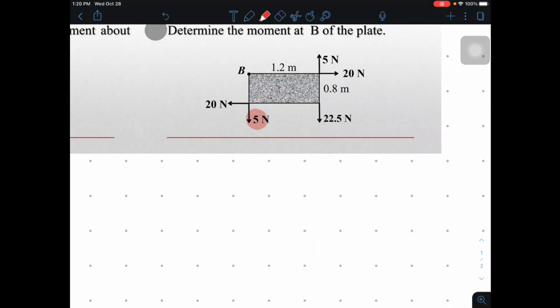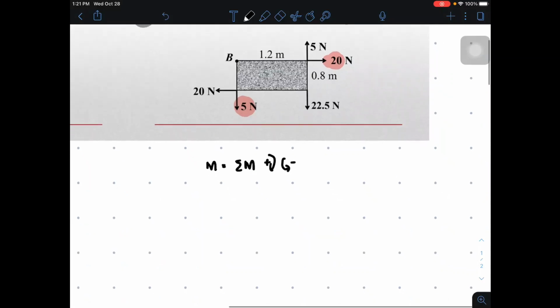This force will not cause any rotation about point B as it's going to pass through point B. Also this force 20, because it will also pass through point B. Again, any force that passes through a point of rotation is not going to be included in the analysis. So starting with moment equal to the summation of moments, clockwise positive, counterclockwise negative.